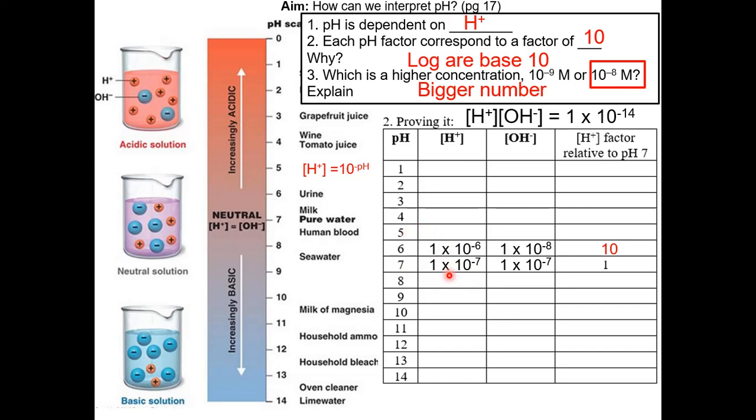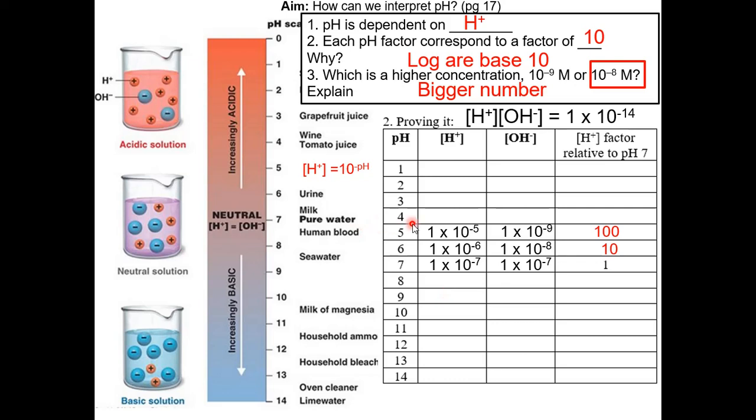It has a hydrogen ion concentration of 10 to the negative 5 and a hydroxide ion concentration of 10 to the negative 9. If we compare pH of 5 and 7, the factor is 100. That means pH of 5 is 100 times more acidic than pH of 7.